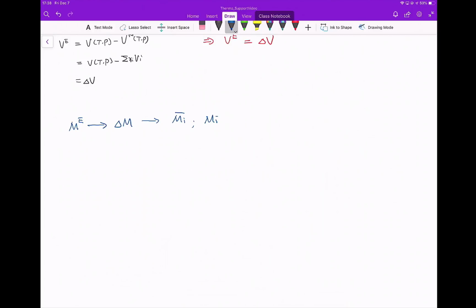One equation we discussed is that M total for a binary system would be M minus x1 M1 plus x2 M2, so they are the pure.